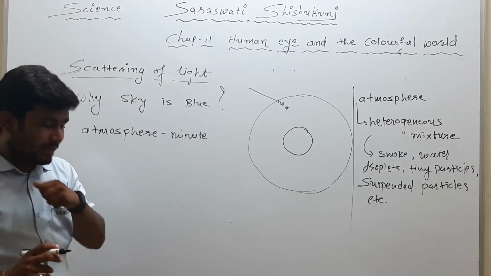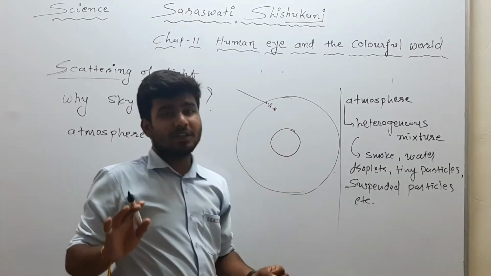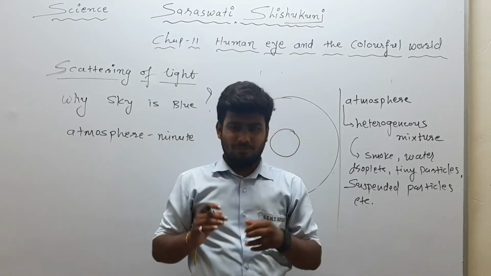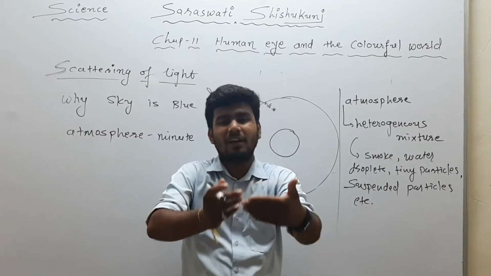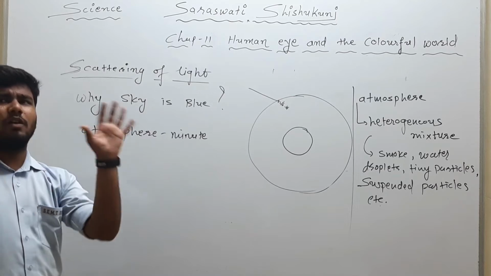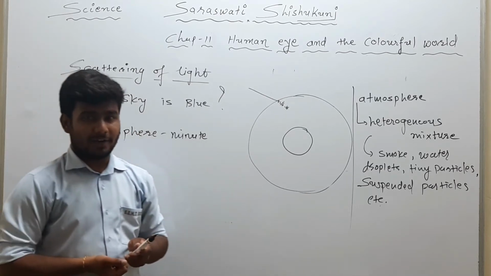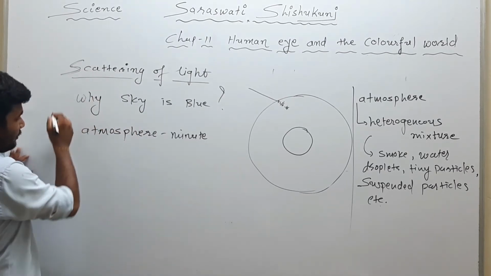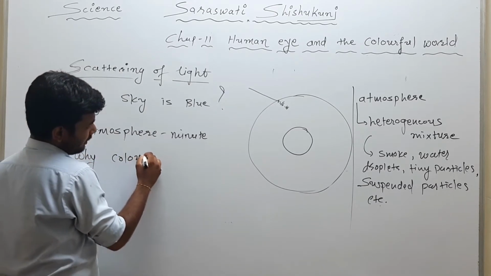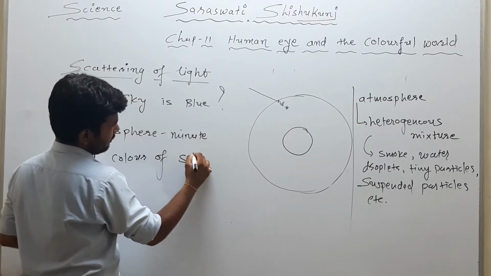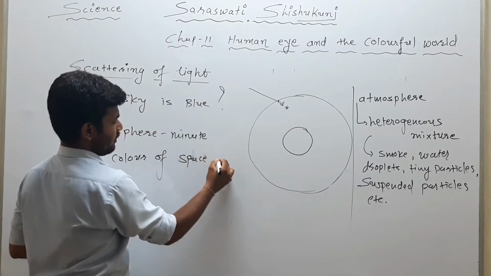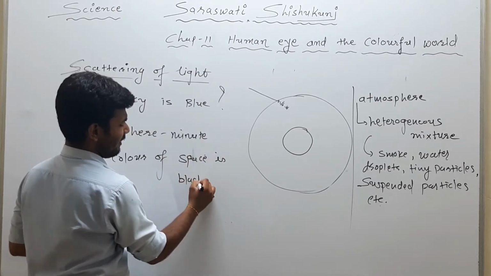Another reason: many times you have seen a picture of the universe or of our solar system, in vacuum, meaning outside the atmosphere of Earth, where you always see black color. So why is it like that? That can also be asked to you: why is the color of space black?